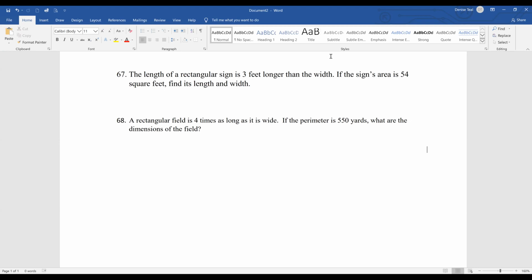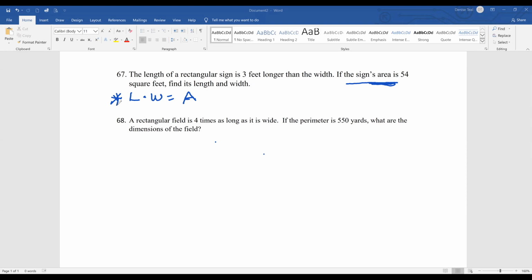And also, you have to make sure that it says find the sign's area. So you have to know the area. This is what you have to know, that the length times the width equals the area. The area of a rectangle is the length times the width. This is something from your core learning principles, I hope you got that.